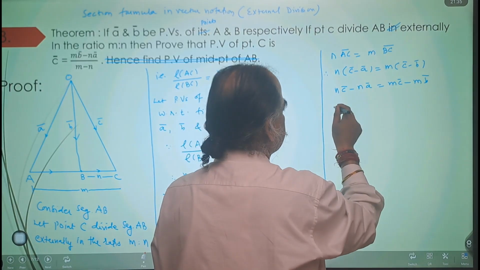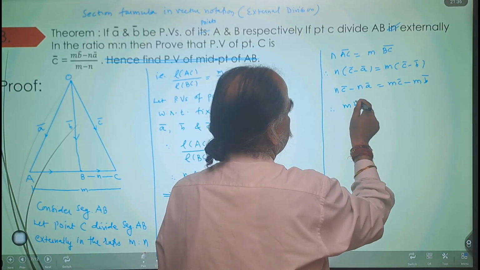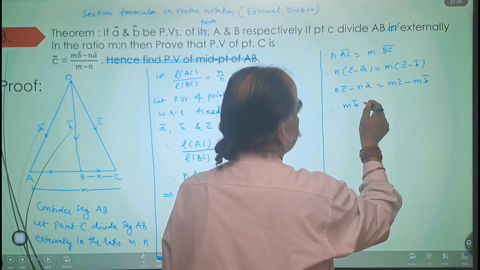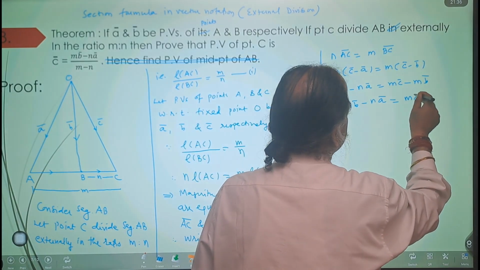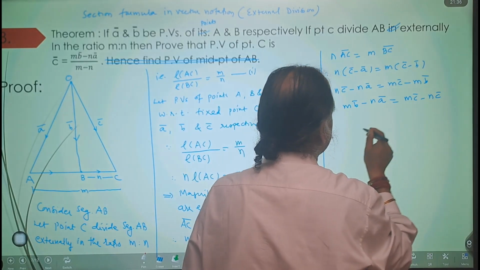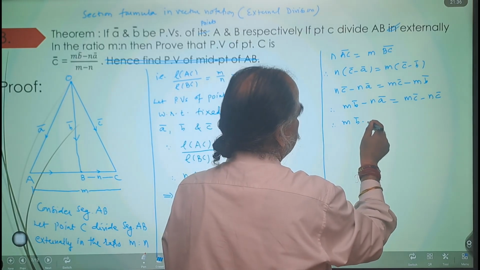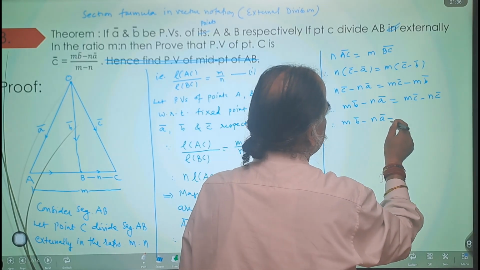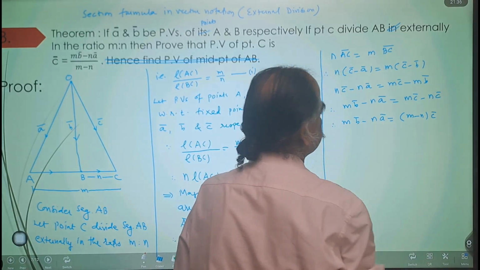Bring m B bar on this side, transfer n C bar on that side. m B bar minus n A bar is equal to (m minus n) C bar.